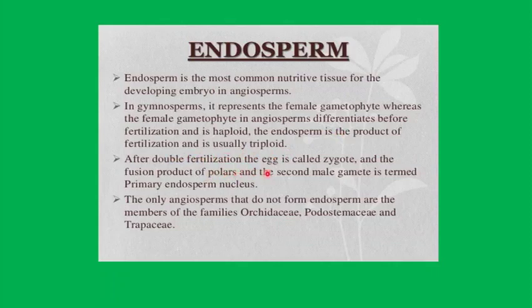After double fertilization, the egg is called the zygote, and the fusion product of the polar nuclei and the second male gamete is termed the primary endosperm nucleus. This process is seen in most angiosperms, but some do not form endosperm. These include the family Orchidaceae, that is orchids, and Podostemaceae and Tropaeolaceae, which are aquatic plants and do not produce endosperm at all.